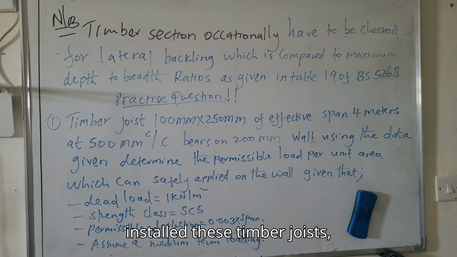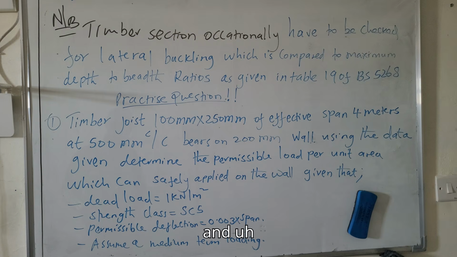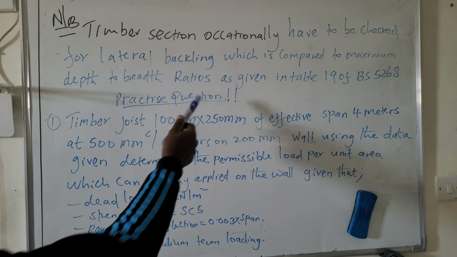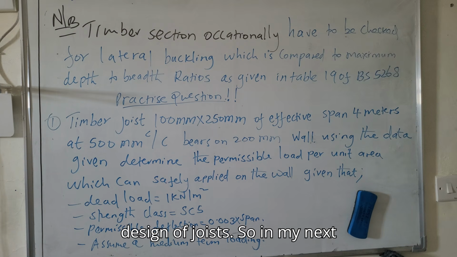So when you have installed this timber joist, you need to check for lateral buckling and compare the value to these values given in table 19 of BS 5268. So that is all about the design of joist.